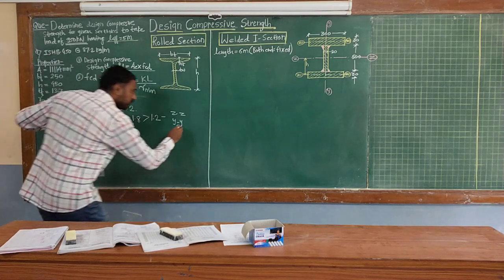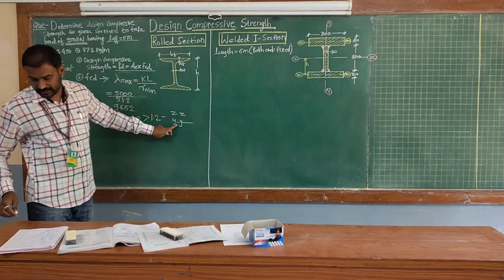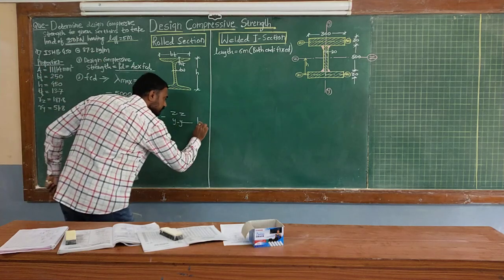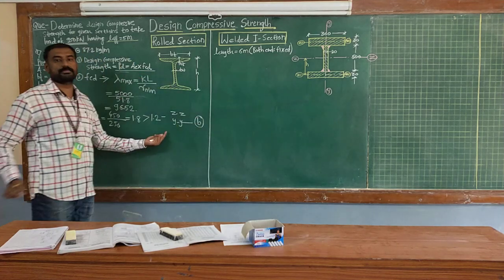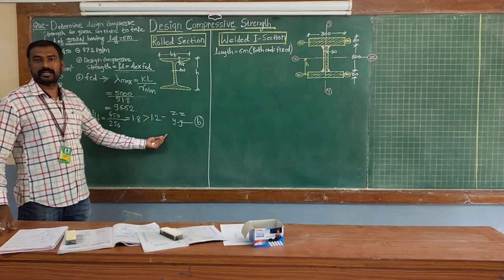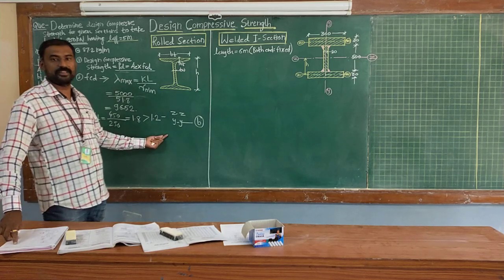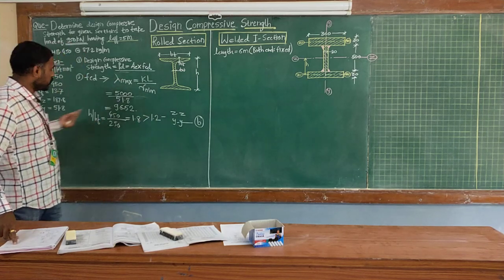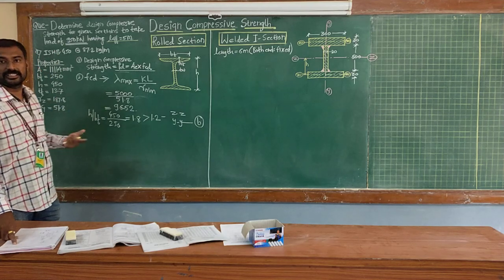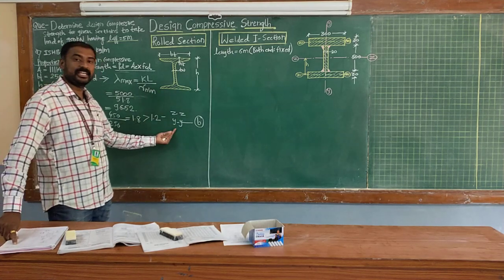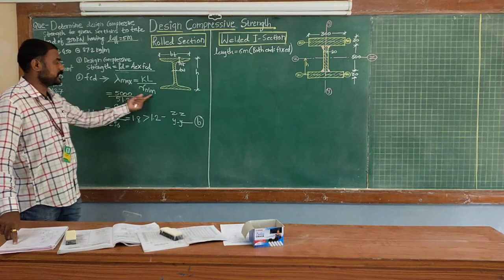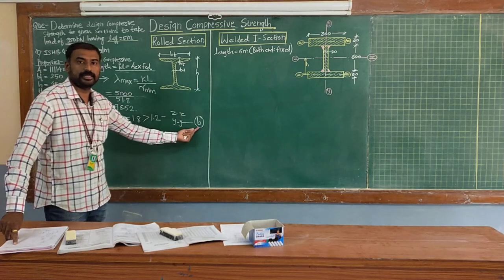Correct? So considering Y side, the buckling class you are getting for Y side is B. Now this is as per table number 10. Two buckling classes Z and Y we are getting, and according to your least radius of gyration you have to select the buckling class. So for Y side, as minimum radius of gyration is there for Y side, RY buckling class will be there. Correct?